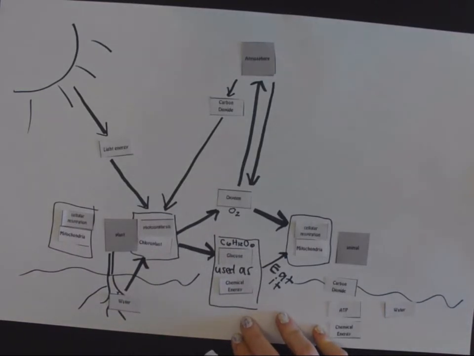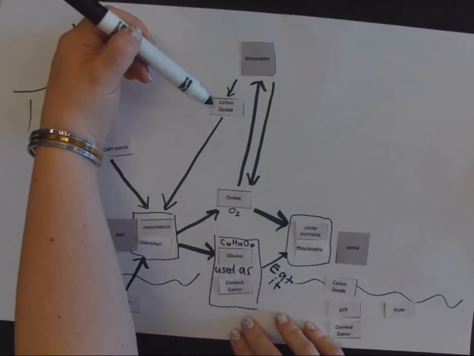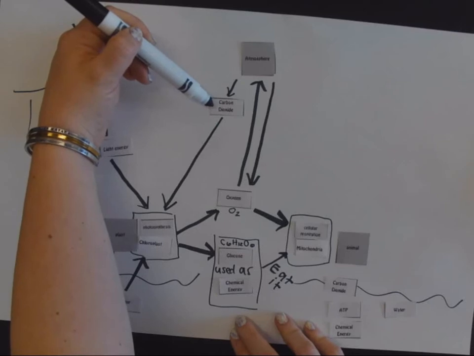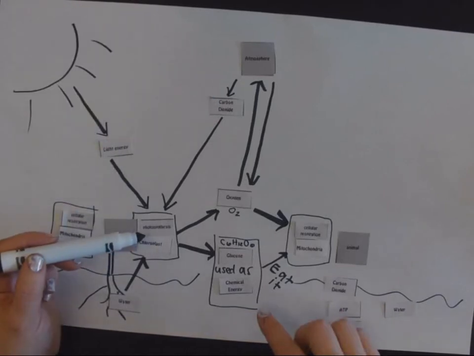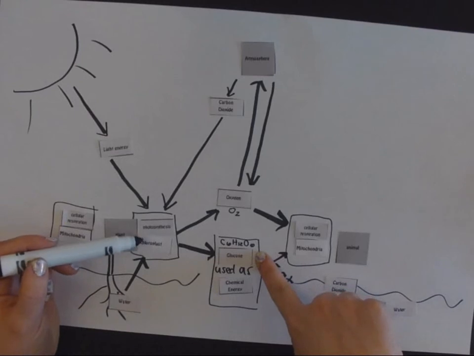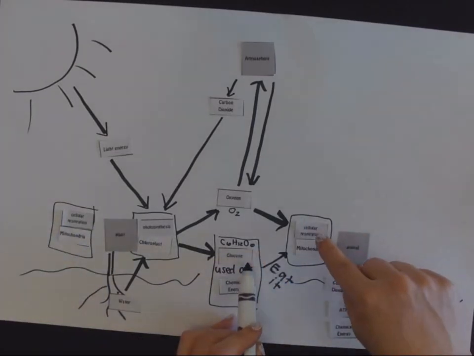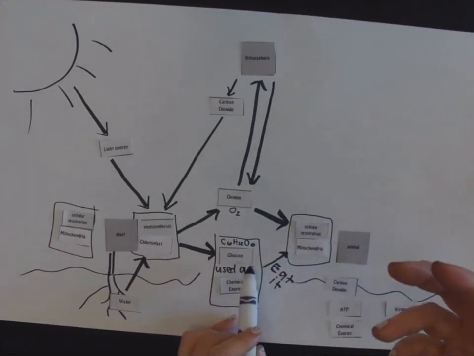So out of those two, I know that only my glucose is a carbon-containing molecule. So my carbon starts in the atmosphere as carbon dioxide, gets changed into glucose through the process of photosynthesis, then it goes into cellular respiration and gets changed into a different carbon-containing molecule.